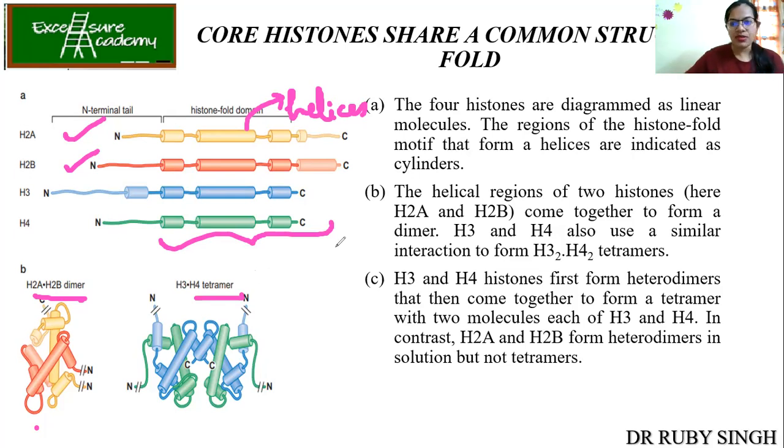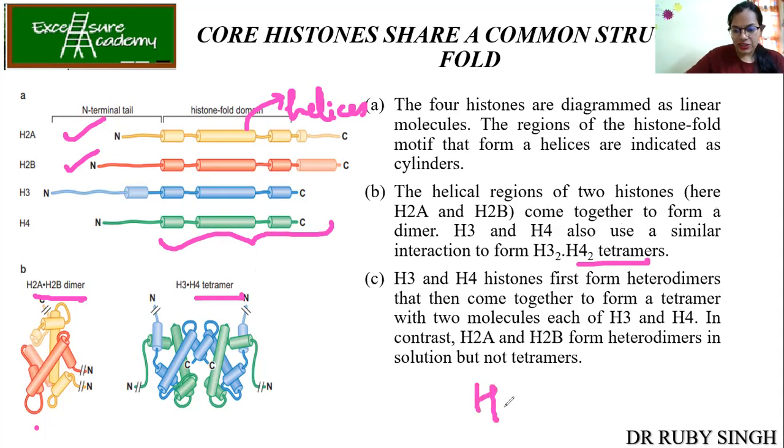Okay, now H3 H4 also use similar interaction to form the H3 H4 tetramers. Okay. Now what you have to understand here is that the H3 H4 histones will first form the heterodimers. So what is happening here?